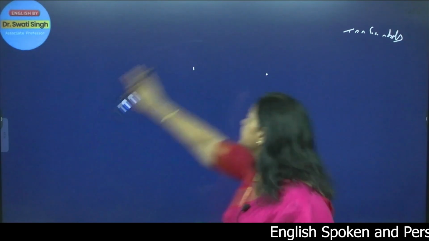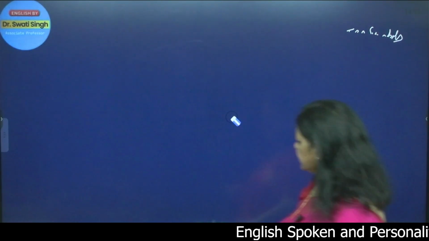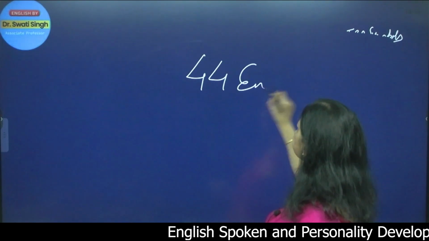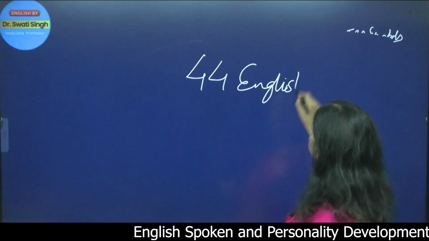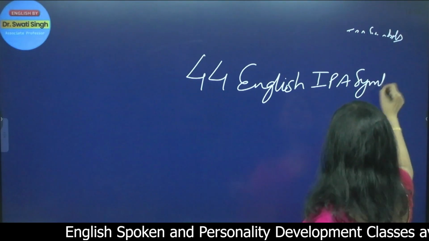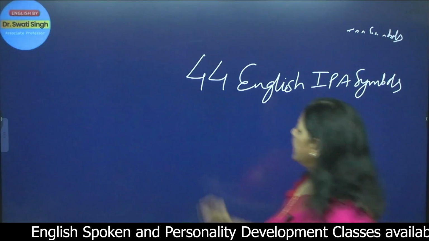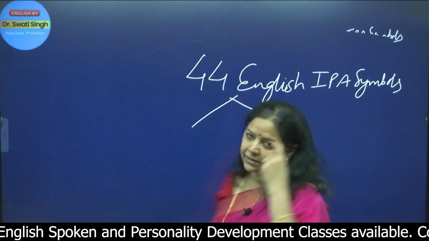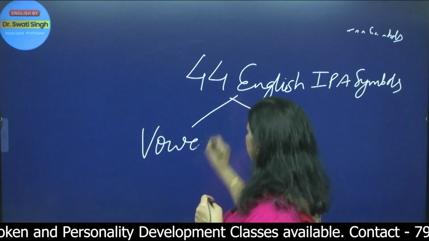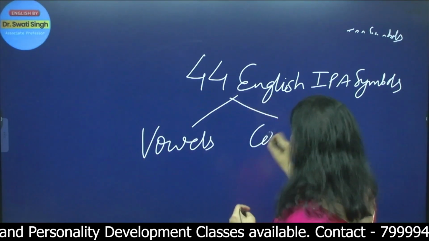For example, what are they? Just see. 44 English IPA symbols. What are they? These are again categorized into two: vowels and consonants.